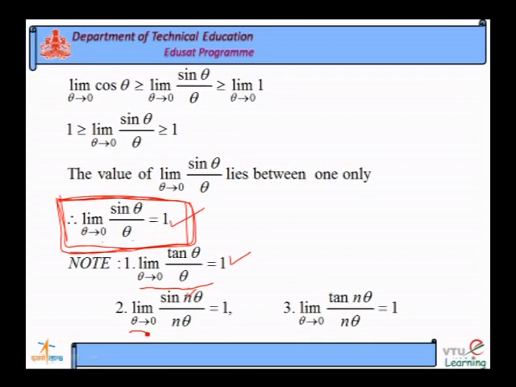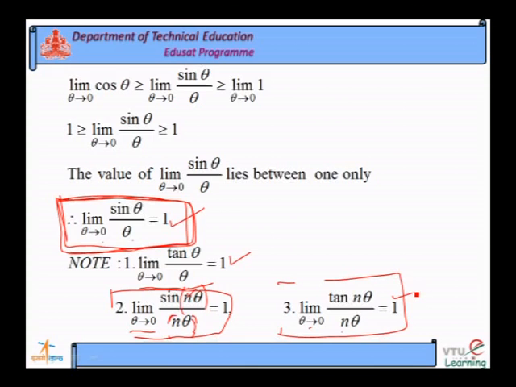For the same limit, if it is sin of n theta divided by n theta, whose value can also be taken as 1. For tan also we can take it as limit of tan n theta divided by n theta as theta tends to 0 is equal to 1.